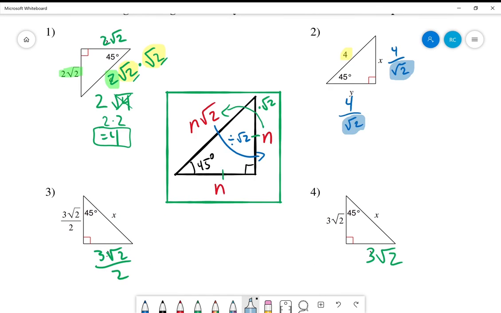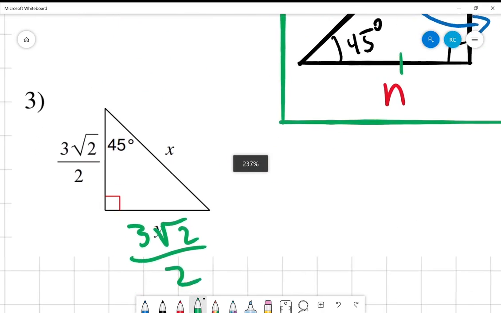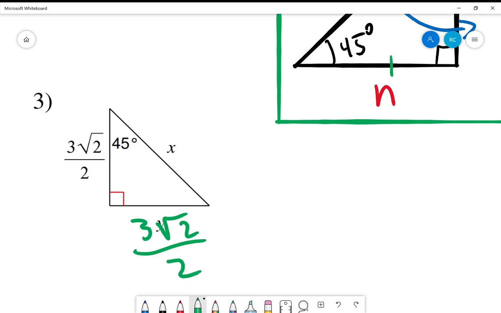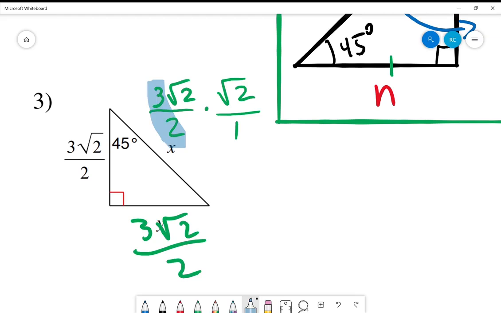Okay, so number 3 looks like a nightmare, but again, let's take it one step at a time. We have the leg is 3 times the square root of 2 divided by 2. And we're multiplying that by the square root of 2. Now remember, just like in the last video, we're not multiplying the top and the bottom by the square root of 2, because this is the square root of 2 over 1. Again, whole numbers divide with whole numbers.